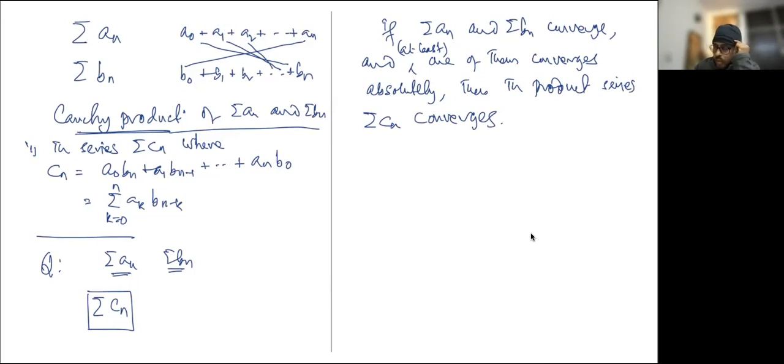So we'll look now at examples and how this result is going to be useful for us. What are the examples of series we have seen? First of all, in the last class, we have seen some important examples. What are those examples?